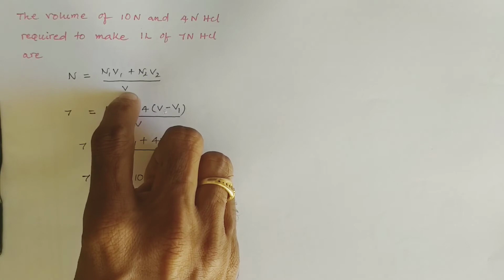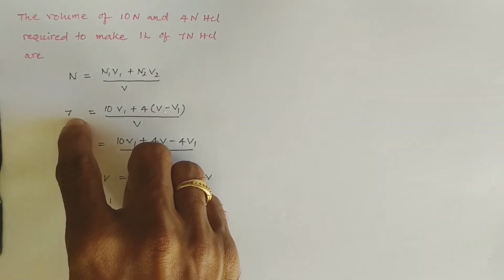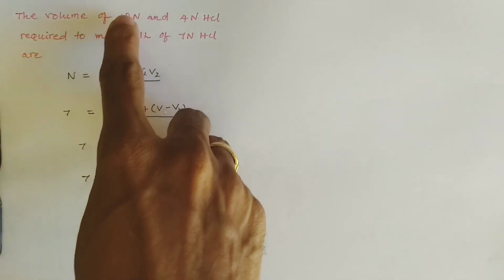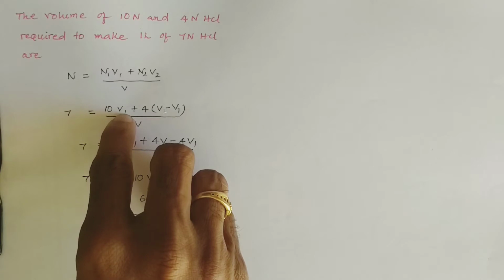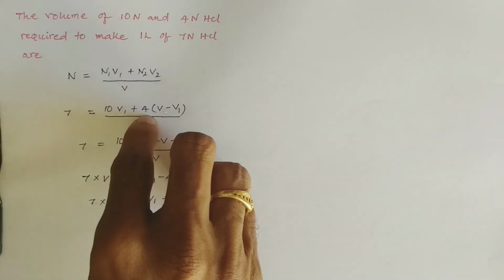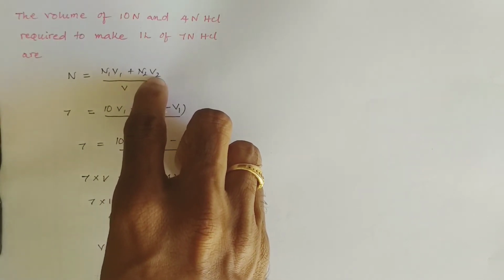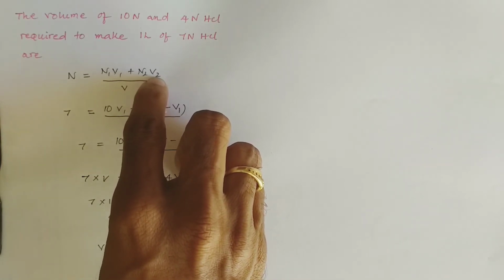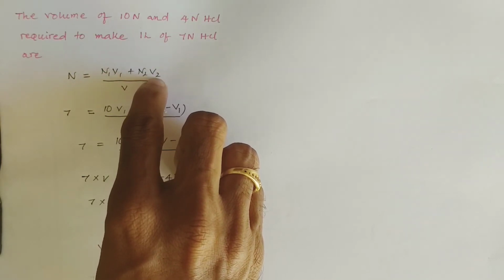Now normality of the mixture is given, that is 7, and normality of first solution is 10, and volume is V1, right? Normality of second solution is 4, and volume is V2. So here two solutions are mixed whose volumes are V1 and V2. Total volume is V, right? Now what is the volume of second solution?